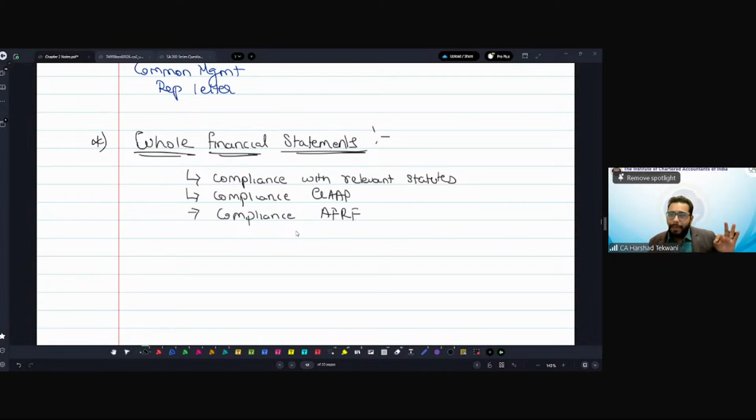Okay, applicable financial reporting framework. So what is the applicable financial reporting framework for a private limited company? Can anyone tell me? Private limited company, applicable financial reporting framework. Accounting standard. Okay, good. Anyone else?